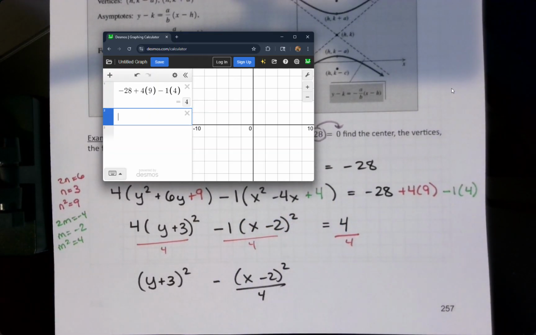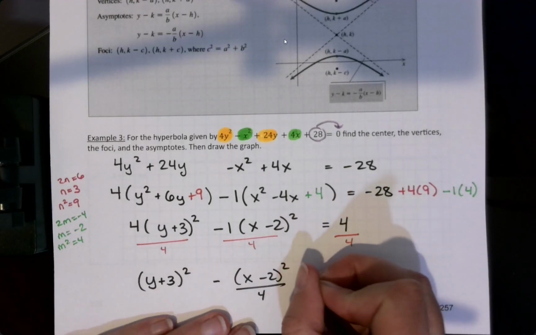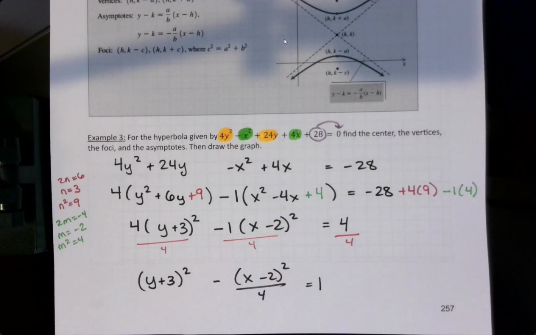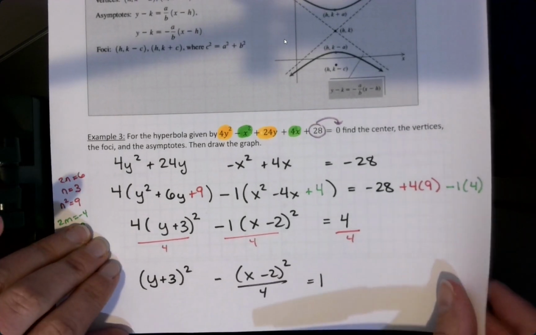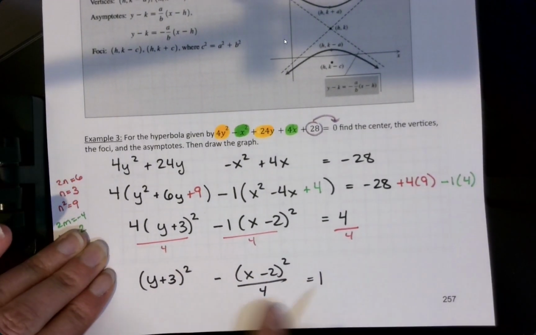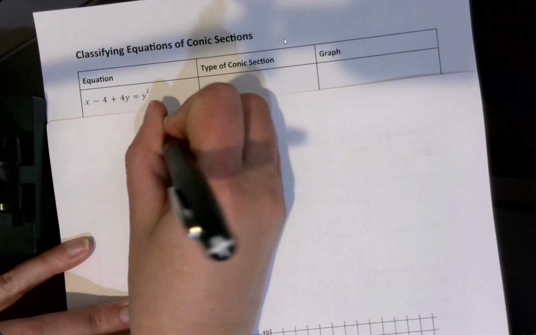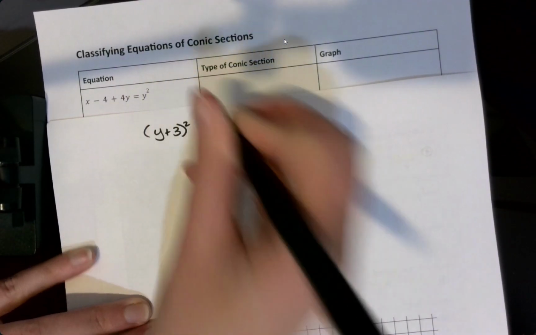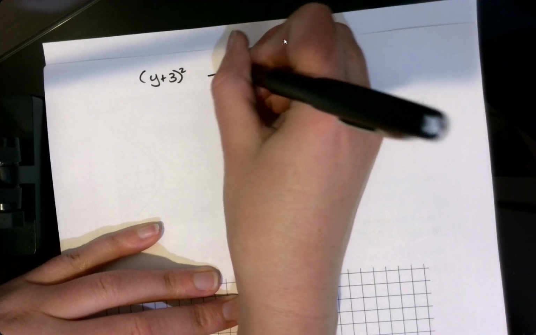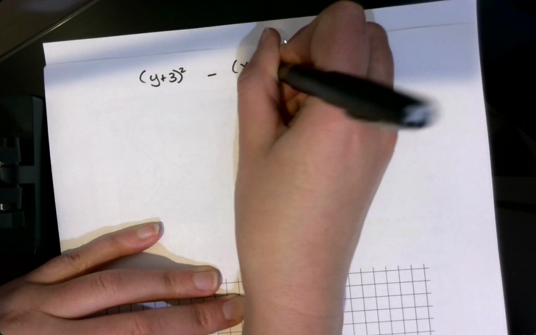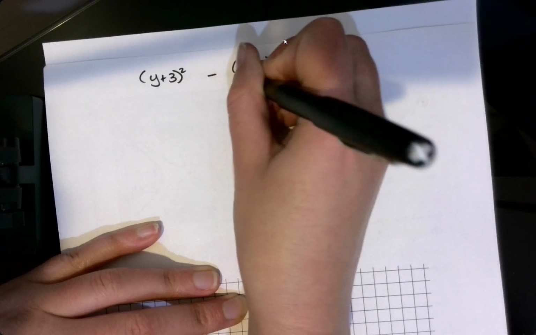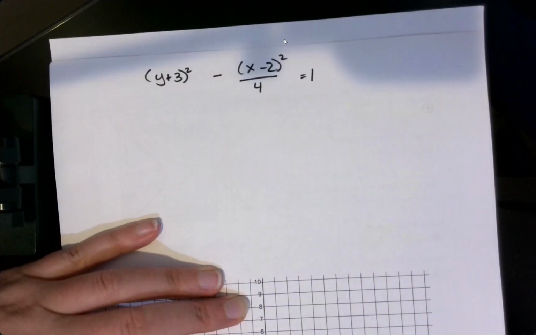I don't need to write the 1 in the numerator there. And then equals 1. All right, so to carry this over to the back side of the page: y plus 3 squared minus x minus 2 squared over 4 equals 1.